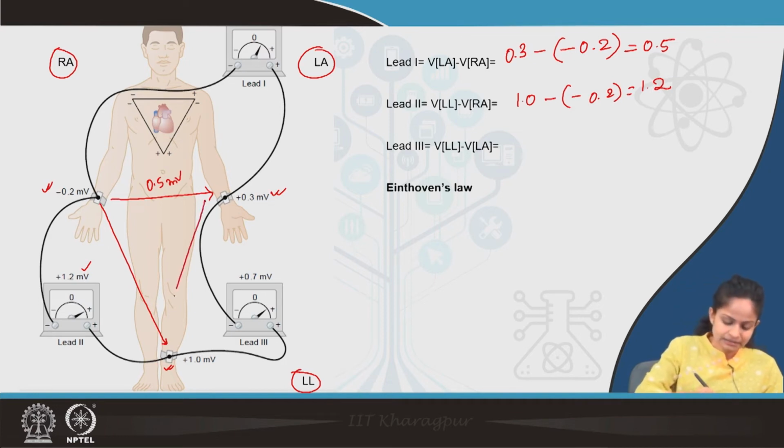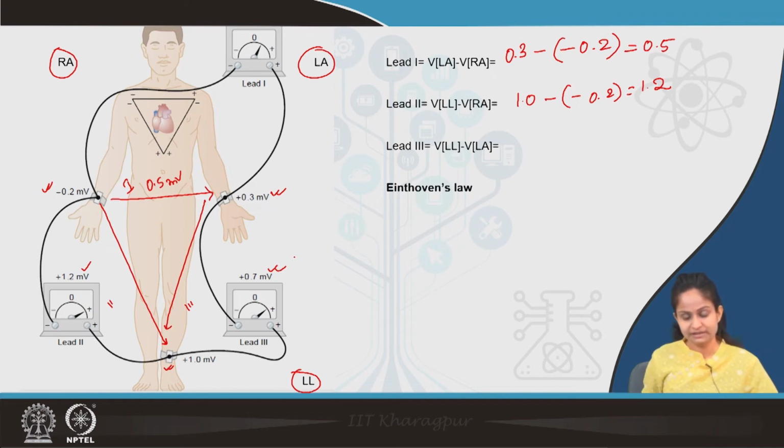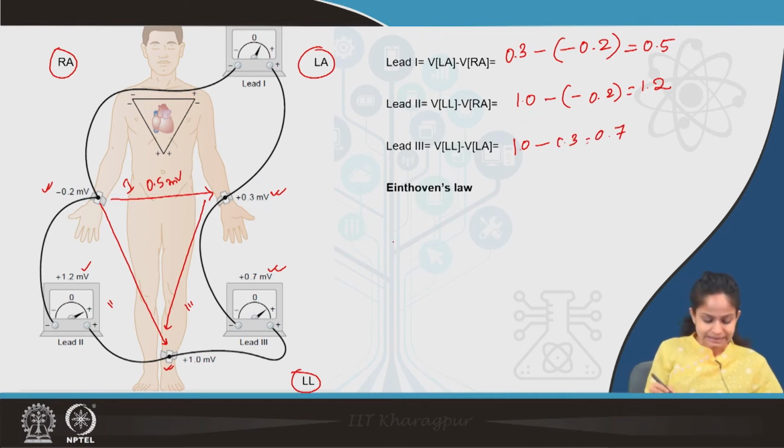Similarly, this is lead 1, this is lead 2 and this is lead 3, and lead 3 will give a potential difference of 0.7 millivolt. How? By 1 millivolt minus 0.3, that is 0.7 millivolt. So, you can see over here that lead 2 is equal to lead 1 plus lead 3.